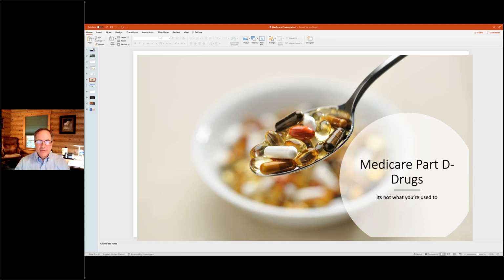Now, this is going to be surprising to some people, but don't buy a prescription drug plan from an agent. You're going to get all kinds of junk in the mail that says, please buy this from me. The reason is that the agents who are appointed to sell, let's say, a Humana prescription drug plan, get a commission to sell it.